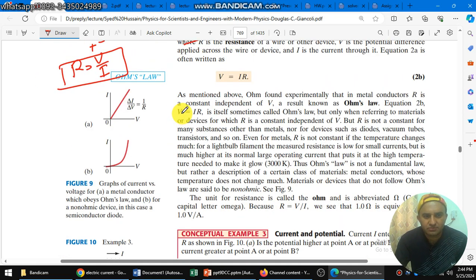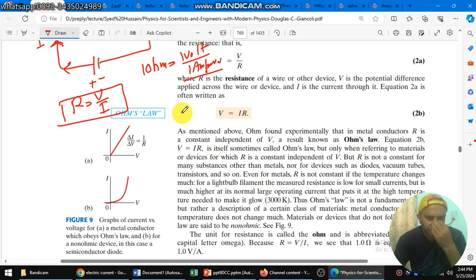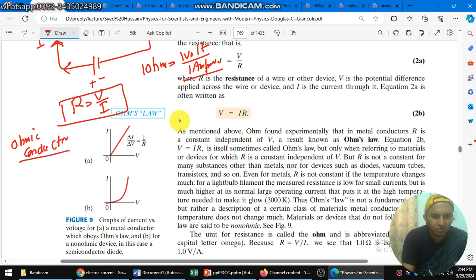Now we further discuss: there are two types of conductors, ohmic conductors and non-ohmic conductors. Ohmic conductors are those conductors which obey Ohm's law, just like metals.